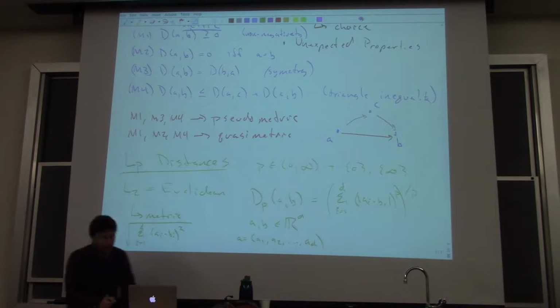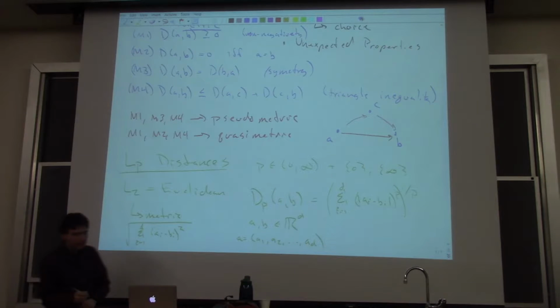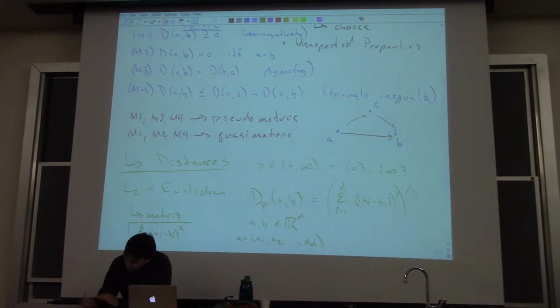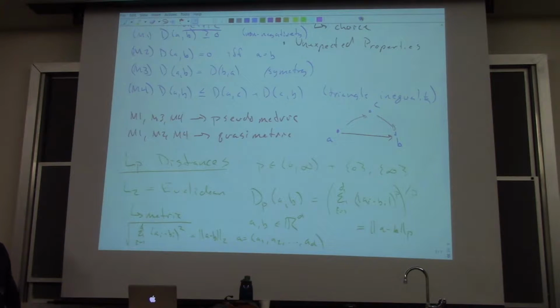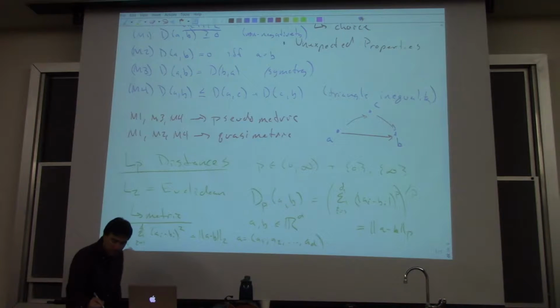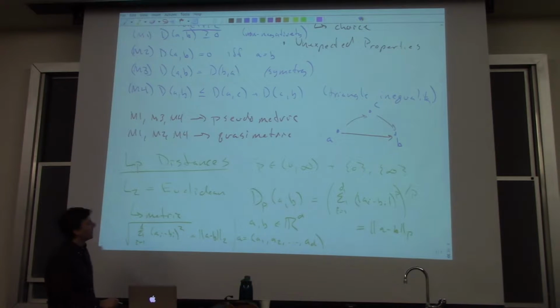Right, so that's the L2 distance, and often, one more thing, this is often written as the norm of A minus B, with subscript p, so this is the norm of A minus B with subscript 2. There are some properties that it's the norm of the associated vector, and I'll mention that in a second. But let's check that this is indeed a metric here.